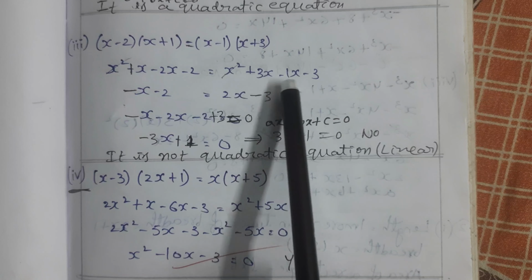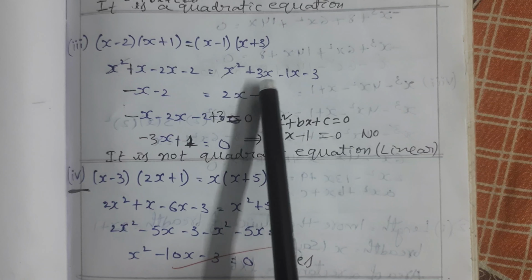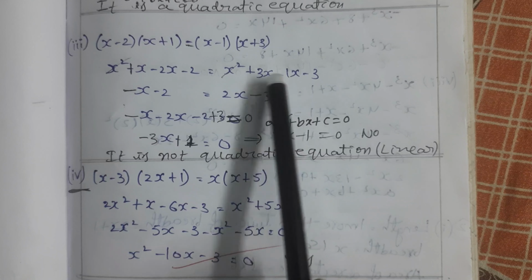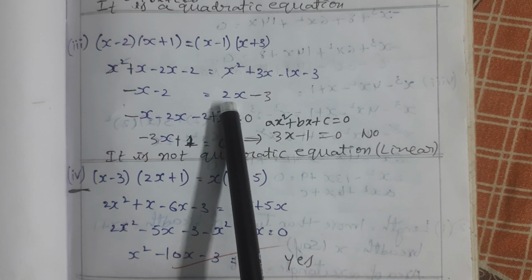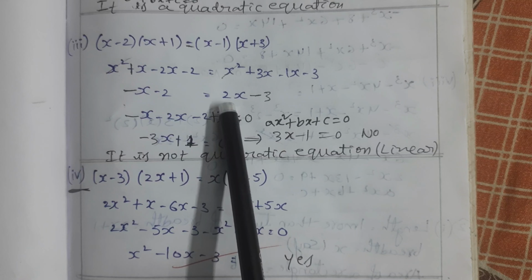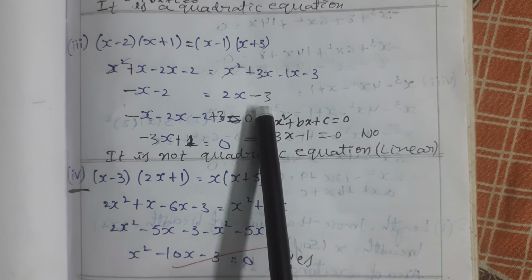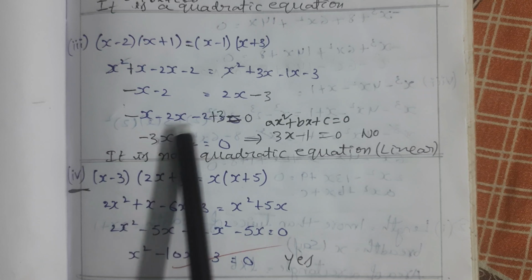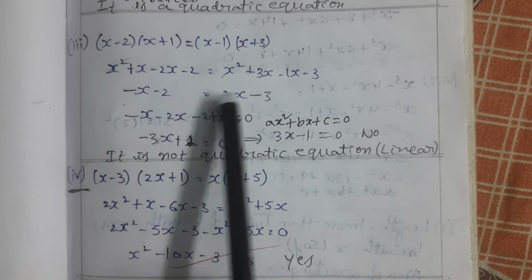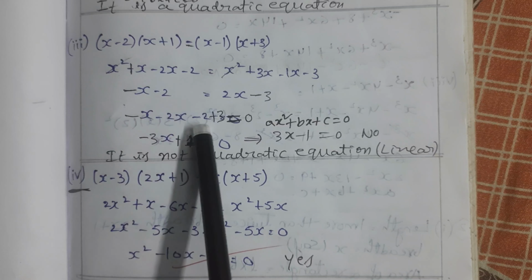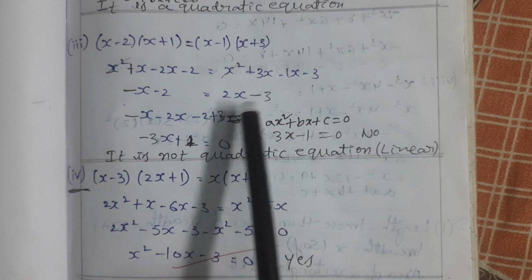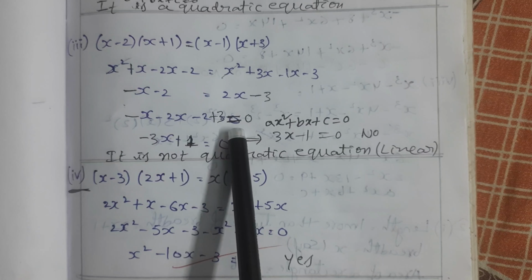Now 3x minus 1x, 3 minus 1 means 2x, but positive sign is more, so we write plus 2x, minus 3. Now transferring aside: minus x, minus 2x, minus 2, and this minus 3 becomes plus 3, is equal to 0.